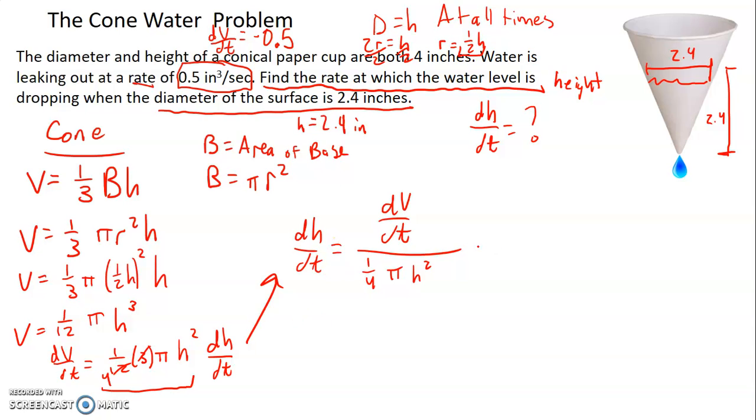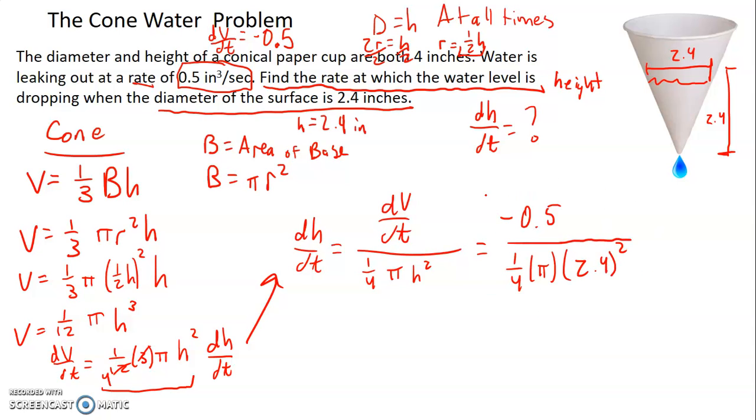Now I can actually plug in some numbers. dV dt was negative 0.5, and then 1/4 times pi times h squared. Now we need to figure out what the h is. We knew that the diameter was 2.4, and luckily the diameter and the height are always the same, so at this time, the height is also 2.4.